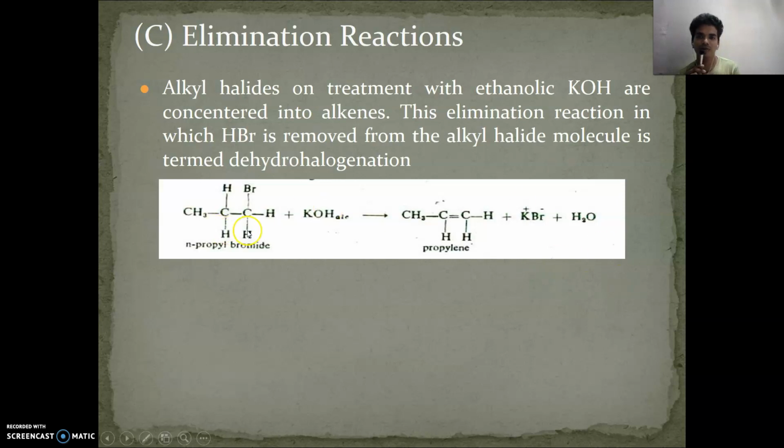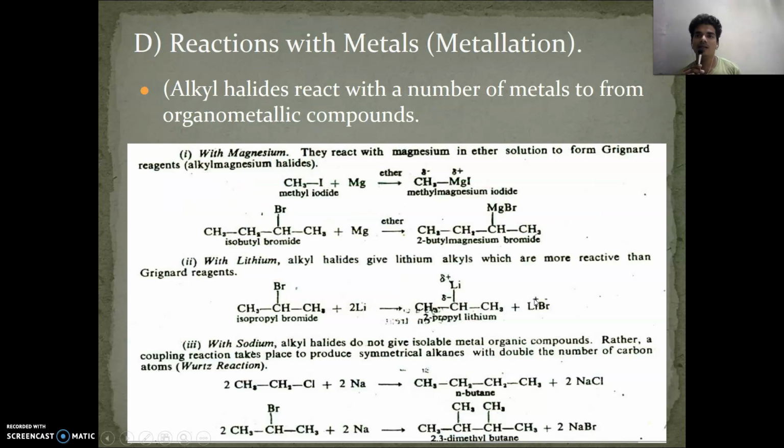So propyl bromide with potassium hydroxide will give propylene as a product. So this is an elimination reaction in which elimination of the halide group takes place and formation of the double bond.